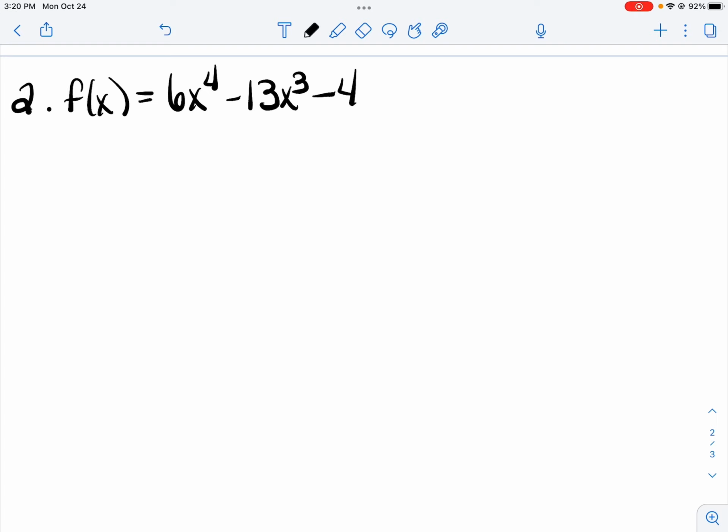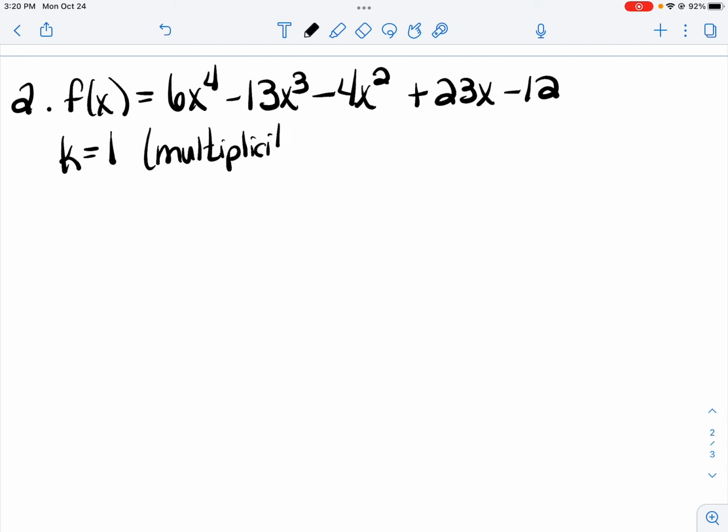So look at number 2. In number 2, we're given a polynomial. 6x to the 4th minus 13x cubed minus 4x squared plus 23x minus 12. Here we're given our k value is 1, and we're told that 1 has a multiplicity of 2.